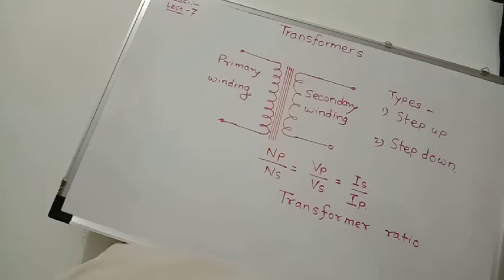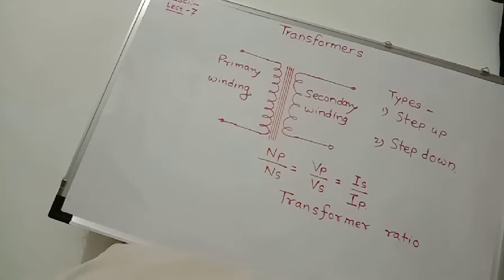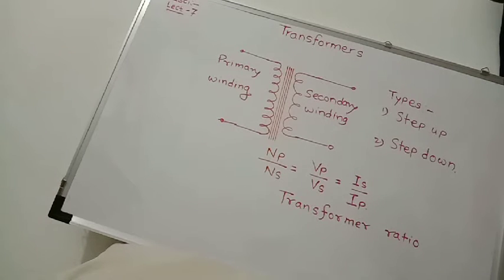Since the secondary winding is kept close to the primary winding, it cuts this changing magnetic flux, and therefore voltage is induced in the secondary winding.